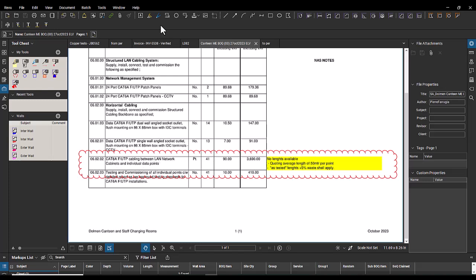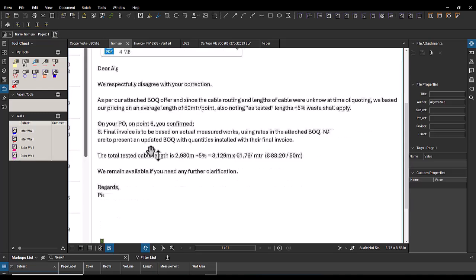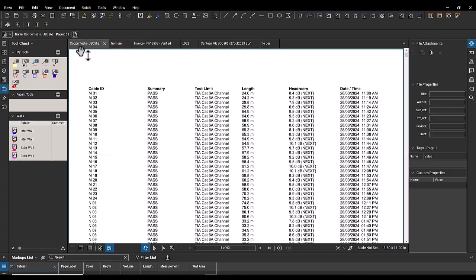And how come this says that, what he said? And then he has the total tested cable length. The testing result is this one.